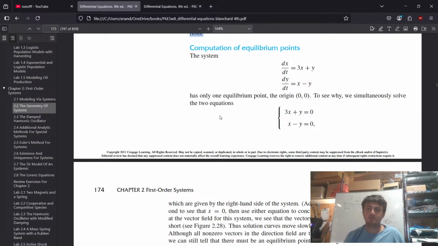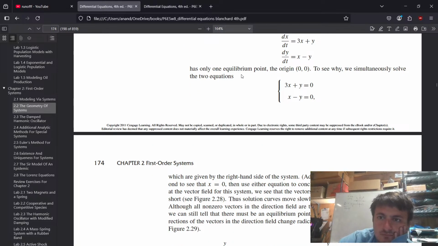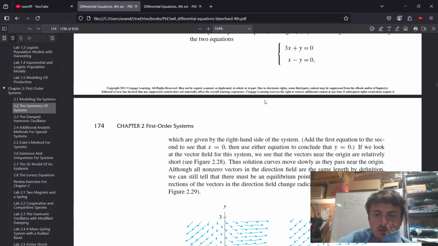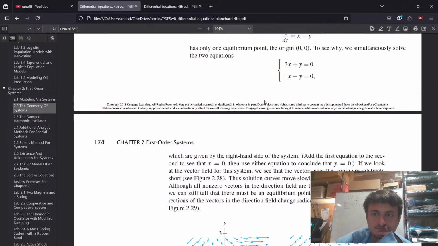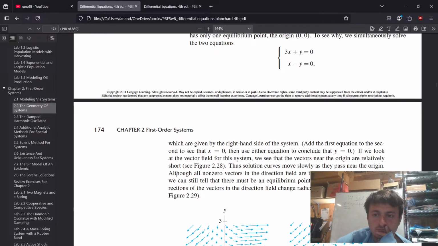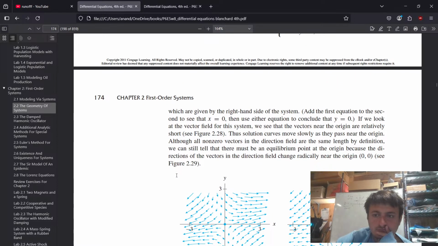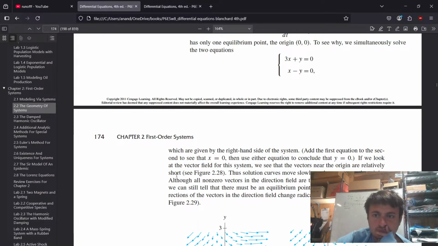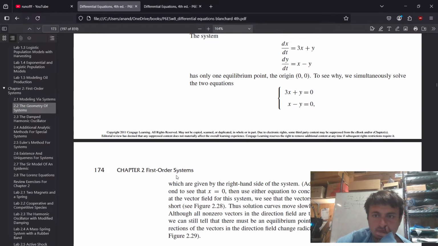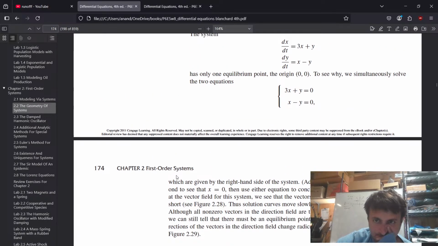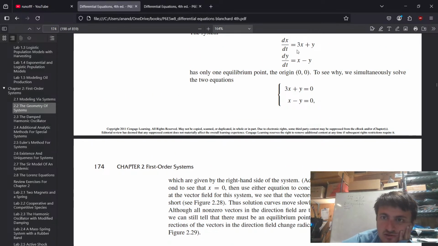Okay, finding equilibrium points. A simple linear system like this amounts to literally just solving the linear system of equations. So 0, 0.